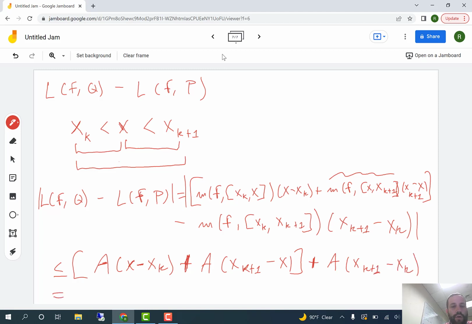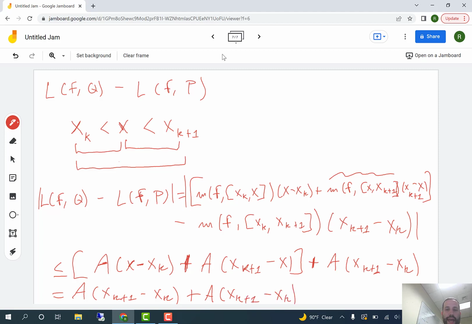But look at what's happening here. This first term, I can factor out an A, and then what I just get is x_{k+1} minus x_k. So this is equal to A times x_{k+1} minus x_k, and then plus this term, plus A times x_{k+1} minus x_k.